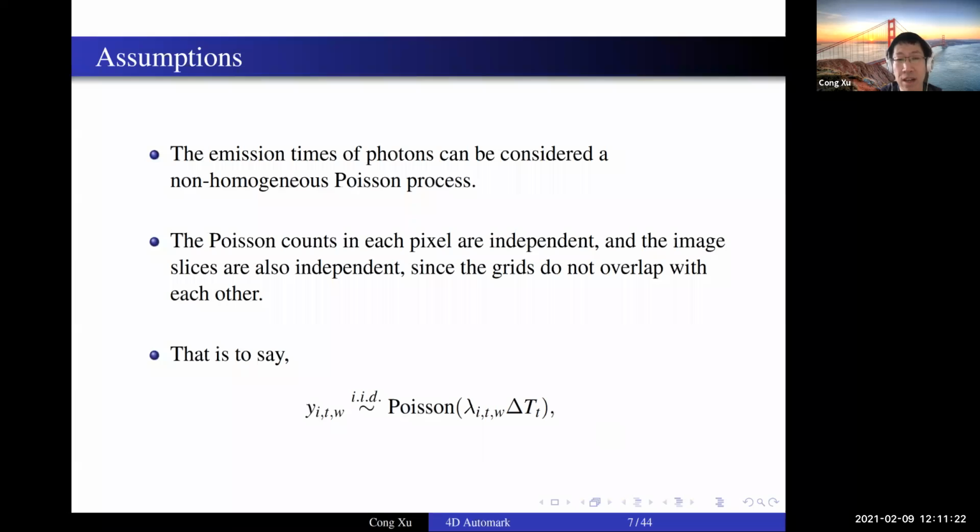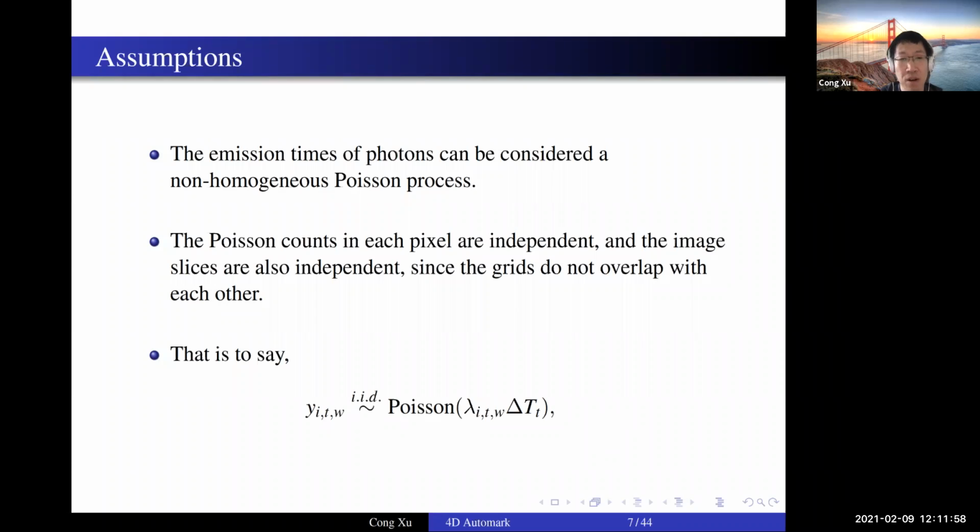They are independent, each with a Poisson distribution with some underlying unknown parameter lambda_{itw} times the duration of this time point, which is called the exposure time. In terms of the Poisson process, we can view lambda as the corresponding Poisson intensity, and delta t means the corresponding duration of this process.